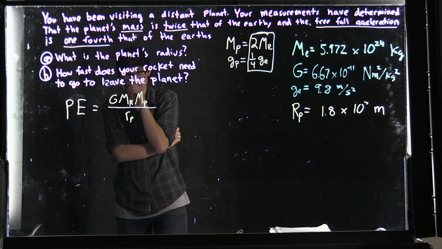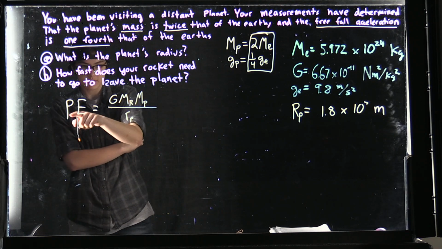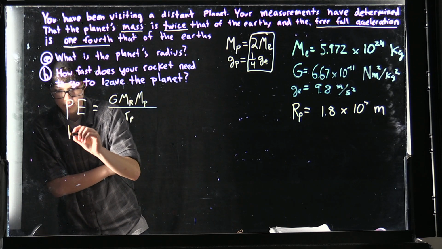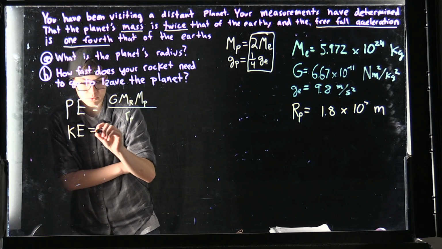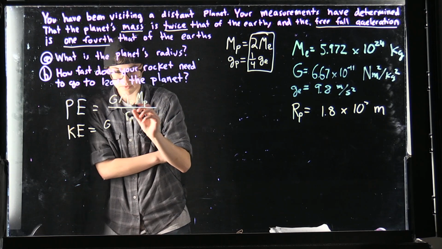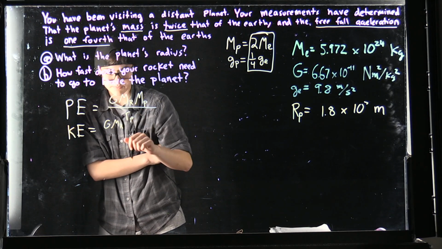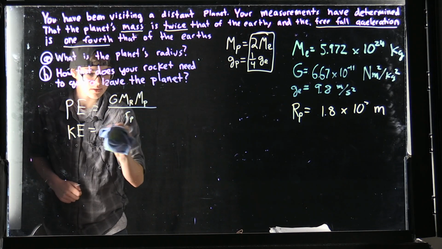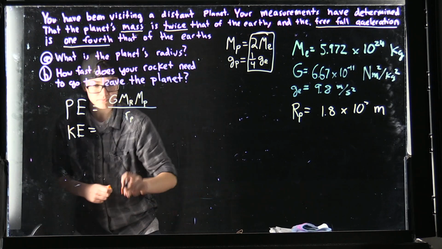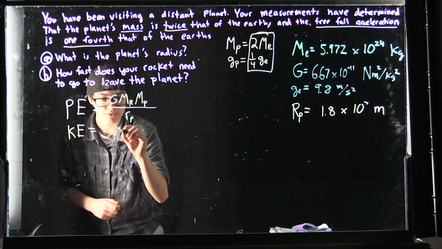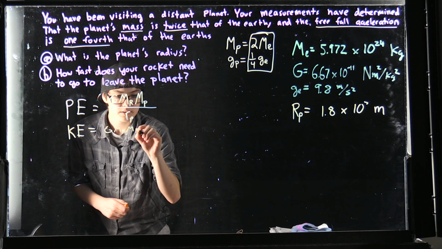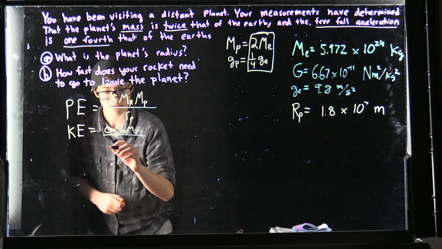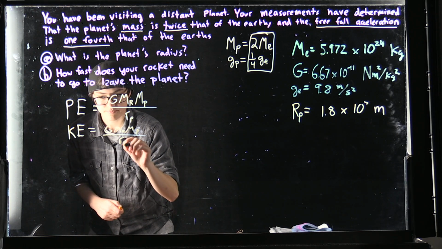We need our kinetic energy to be equal to this. So that looks like this: kinetic energy equal to the gravitational constant times the mass of our rocket times the mass of the planet divided by the radius of the planet.